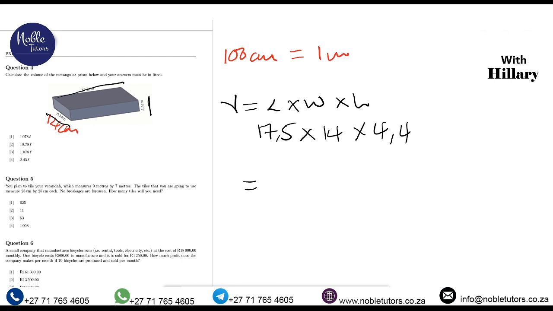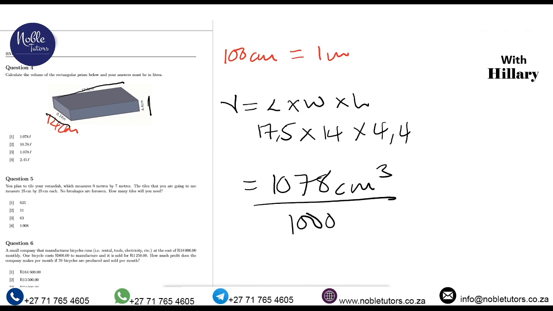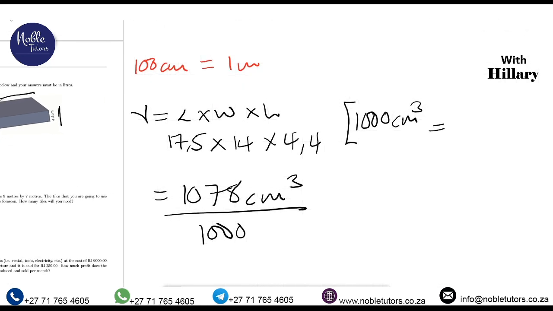If we multiply all of the above, we get 1078 cubic centimeters, which we then divide by 1,000. Remember why? Because we agreed that every 1,000 cubic centimeters is equivalent to 1 liter.